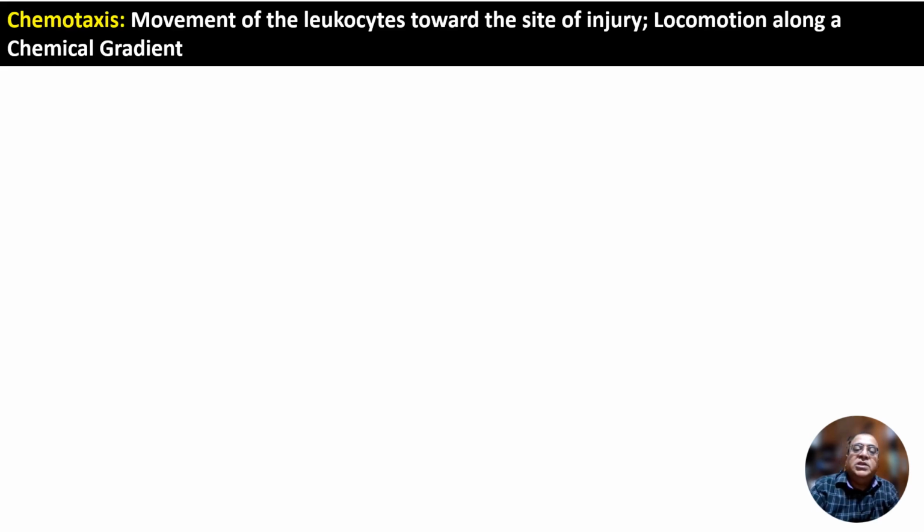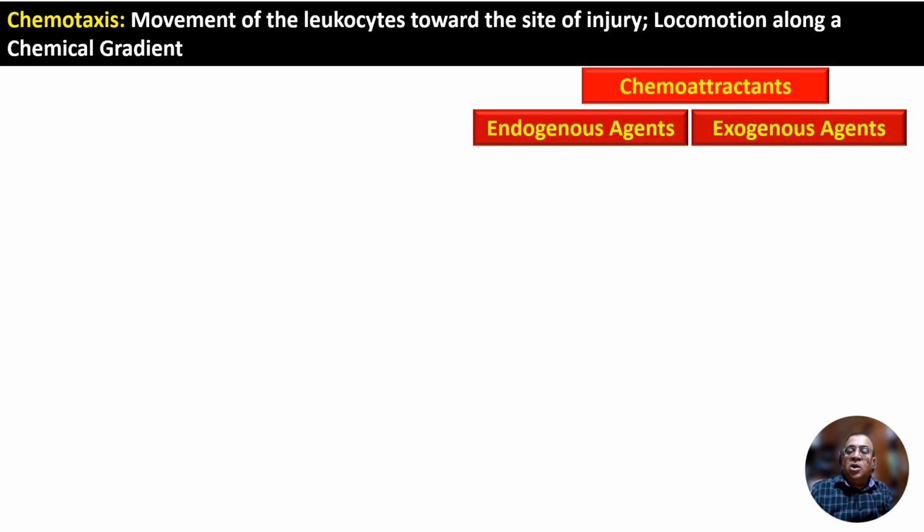So now the leukocyte that is inside this interstitial space is moving toward the chemotactic stimulus, and this is the process of chemotaxis. Chemotaxis is defined as movement of the leukocyte toward the site of injury, and this locomotion is along chemical gradients. Various chemoattractants are responsible for this.